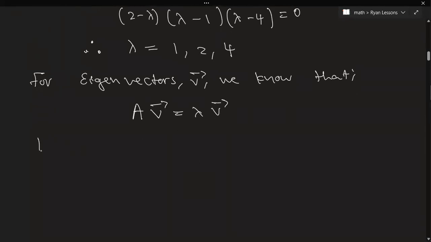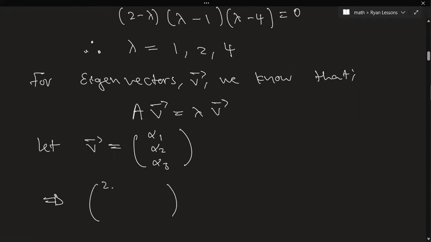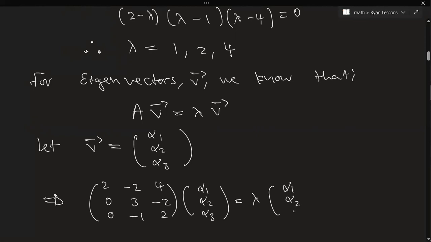We'll let V be given generally by some coordinates alpha 1, alpha 2, alpha 3. This implies that if I multiply the given matrix, which is 2, minus 2, 4, 0, 3, minus 2, then 0, minus 1, 2, times alpha 1, alpha 2, alpha 3, this must provide us with lambda times alpha 1, alpha 2, alpha 3.